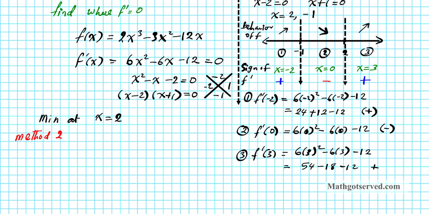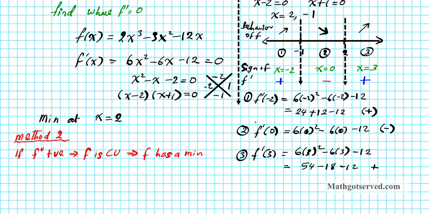What you're going to do is use the following idea: if f double prime is positive, you have an upward facing concavity of the function, that implies f is concave up at that value, and it also implies that f has a min there.